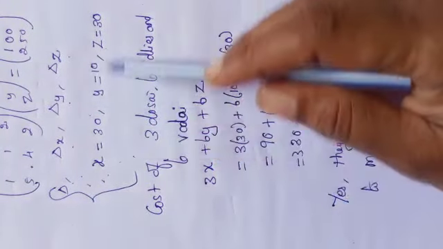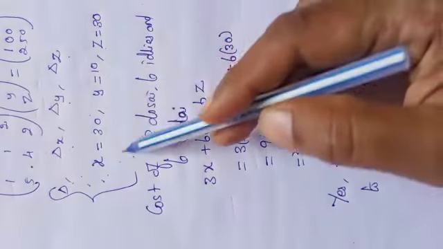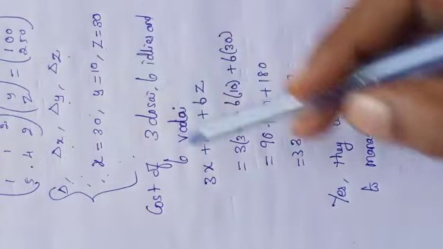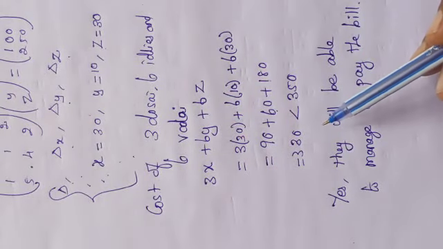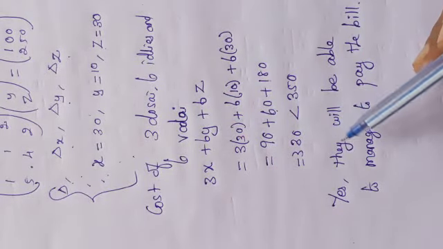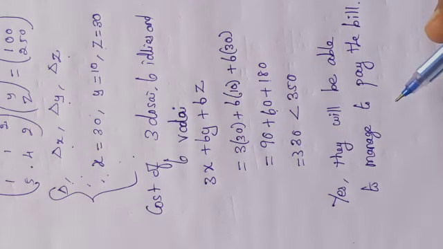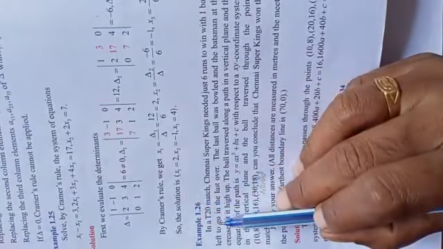Then check whether you are getting this answer. You should get this answer. This is correct. This is the last part. Okay? Did you all understand how to do this problem? Shall we move to the next one? One more example is there in this section. That also we will complete today. See example 1.26.